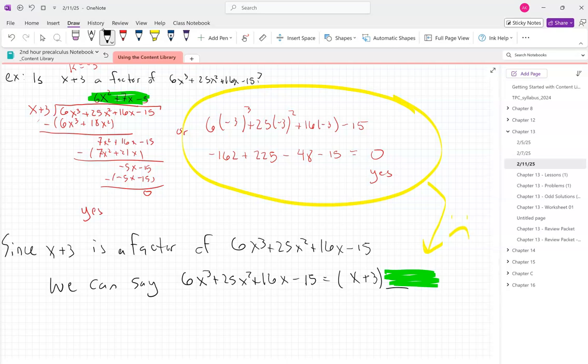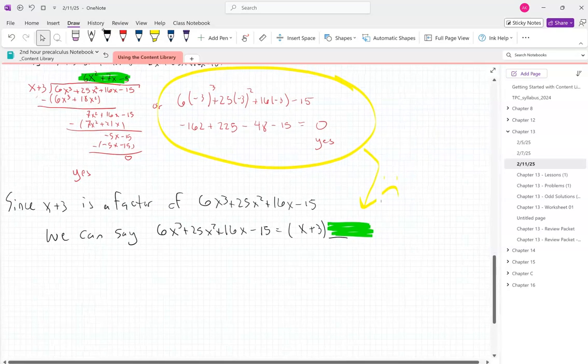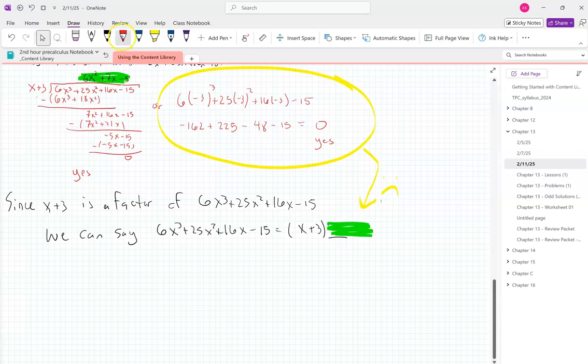So the long division gives us stuff that substitution can't, but it takes a lot more work to get that information. Substitution gives us some of the information, and it's fast, but it doesn't give us that other factor. What we're going to show you next is something called synthetic division.